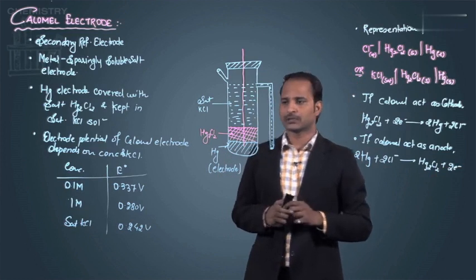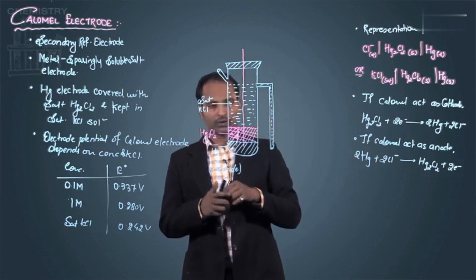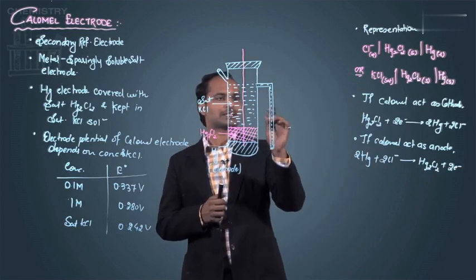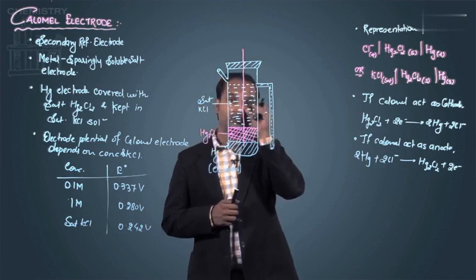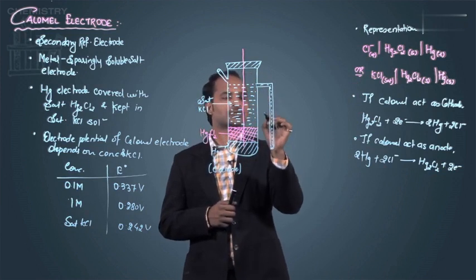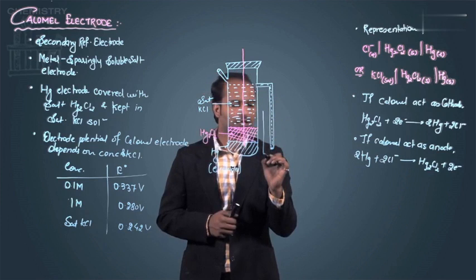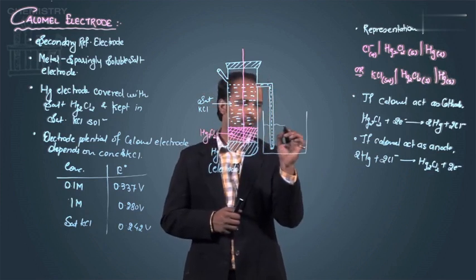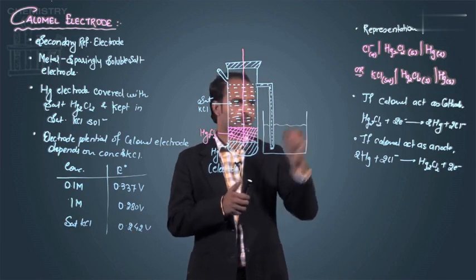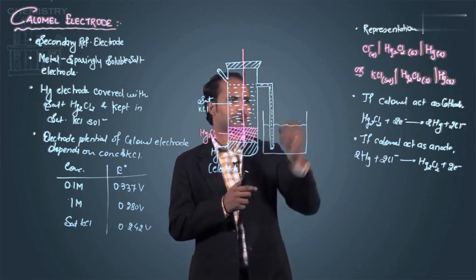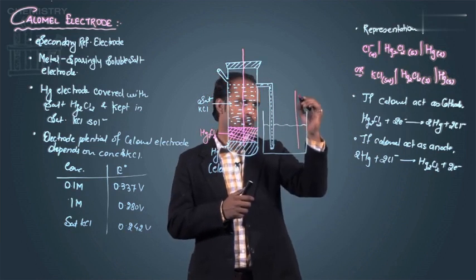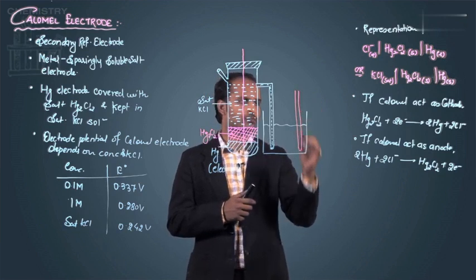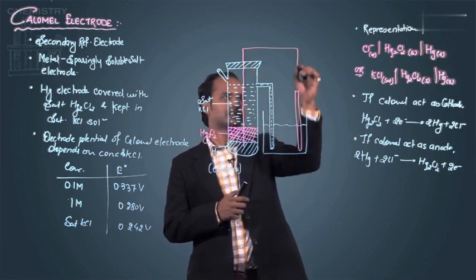Now, how does it work? Suppose this is a reference electrode. As I said, there is no need of using a salt bridge, because this itself acts as a salt bridge. So this is another electrode whose potential is to be determined, and it is connected here.